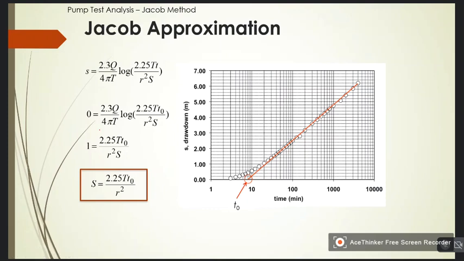Now our procedure is this. Now we have this equation.